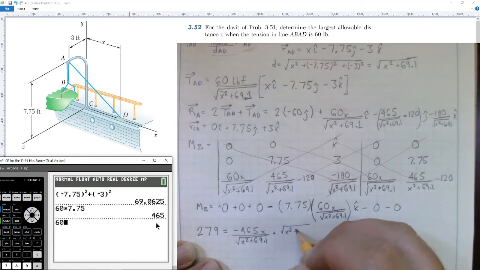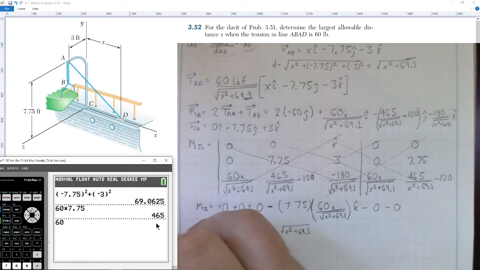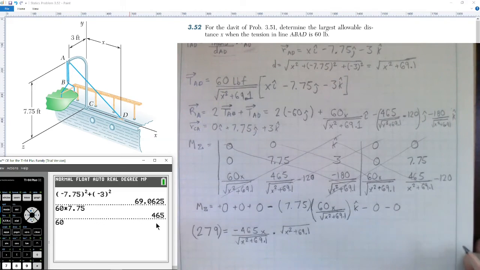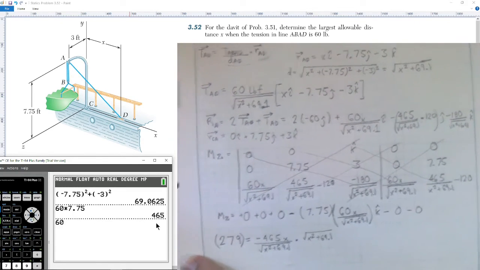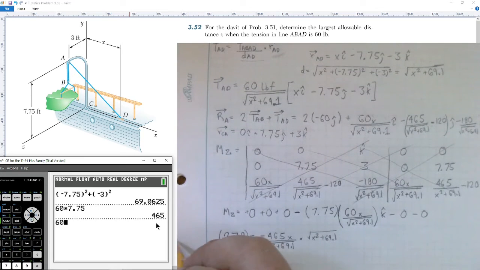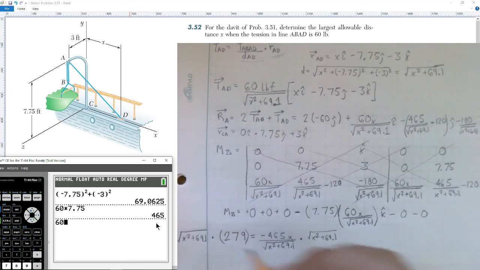Now do a little algebra, multiply both sides by the square root of x squared plus 69.1. Multiply this side as well. This is going to be multiplied by the square root of x squared plus 69.1. This will cancel here.